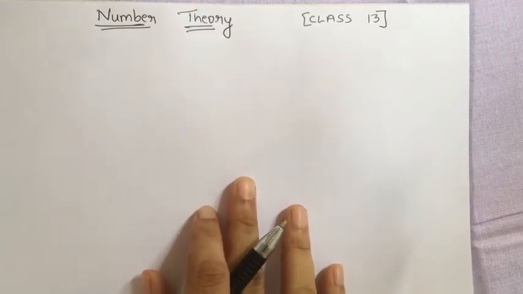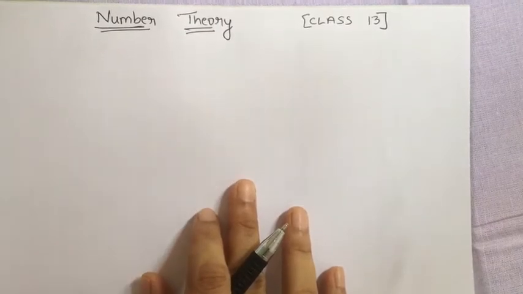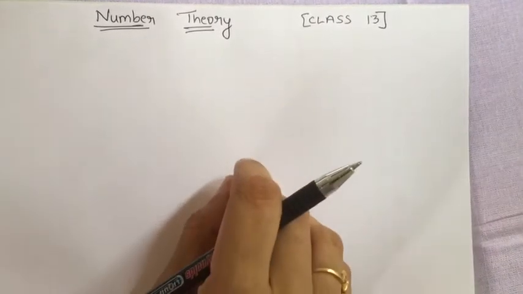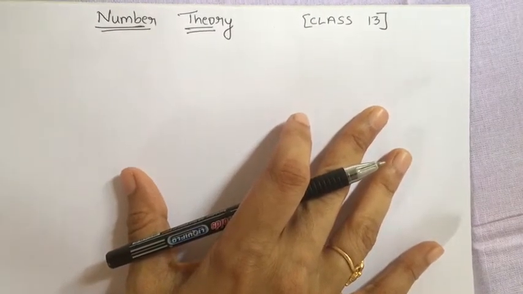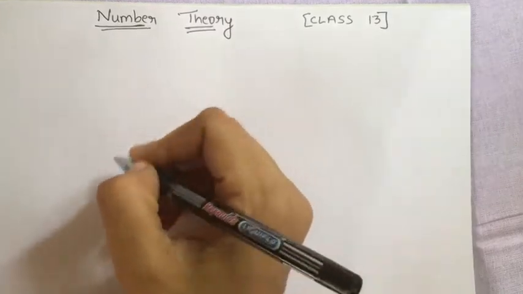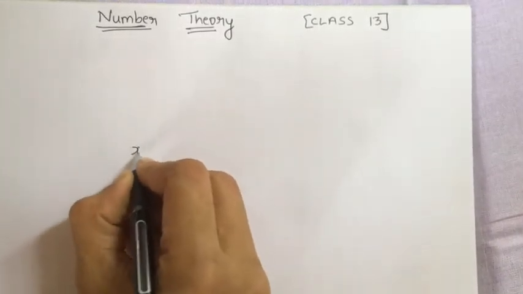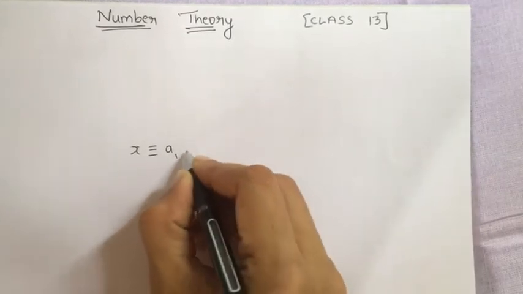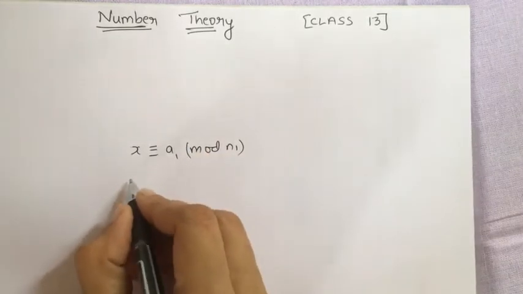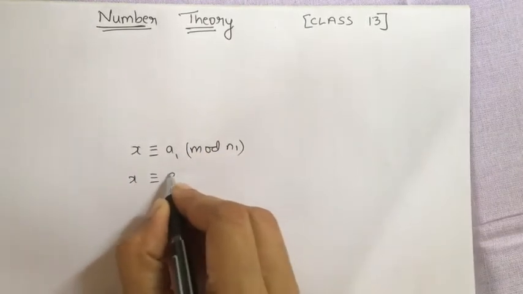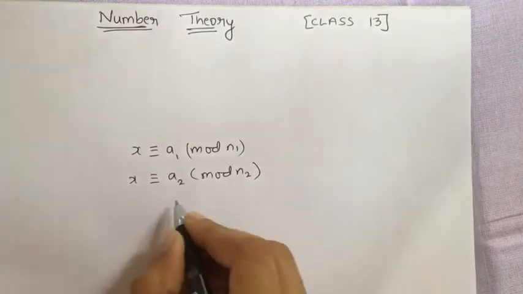In the last session, we studied how to solve single linear congruence. Today, let us discuss how to solve system of simultaneous linear congruences. Suppose you have system of linear congruences, say x is congruent to a1 mod n1, x is also congruent to a2 mod n2, like that.